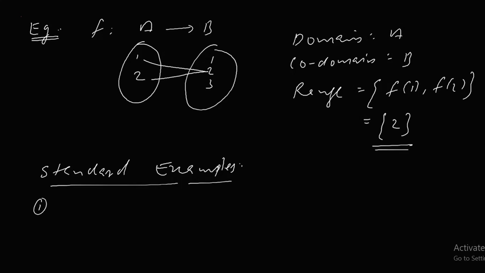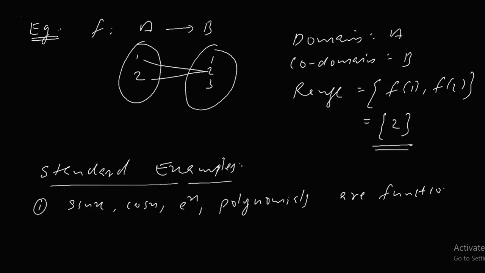So standard examples, I will just write sin x and cos x, e to the power x, polynomials. All these are functions from the real line R to R. These are the functions defined on R, the set of all real numbers.